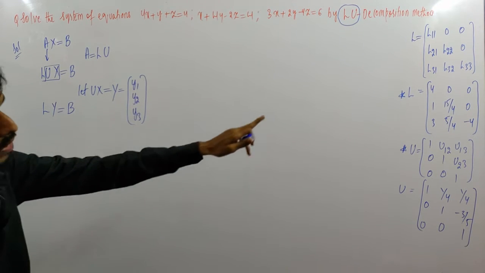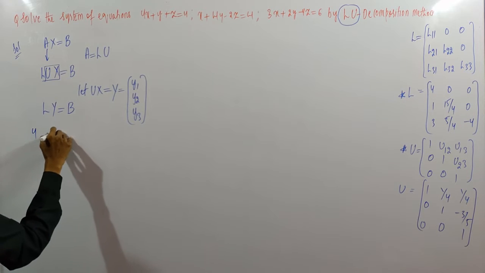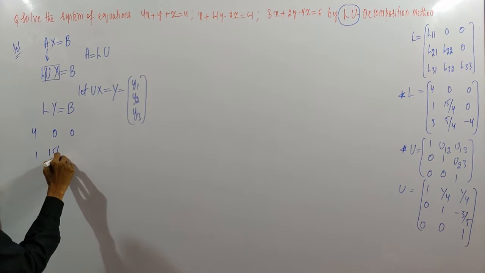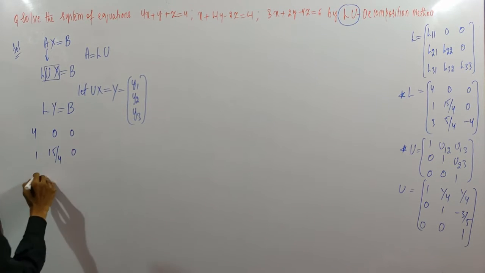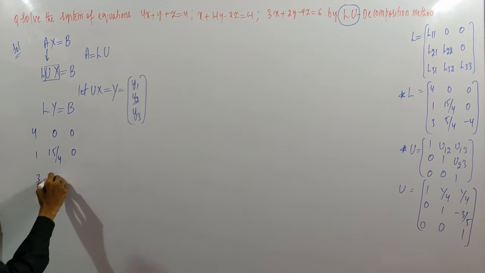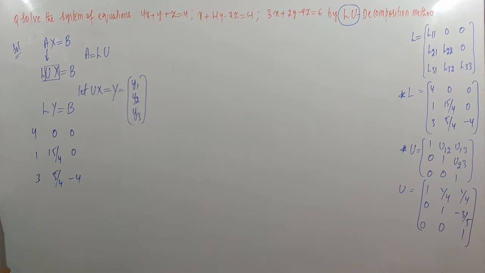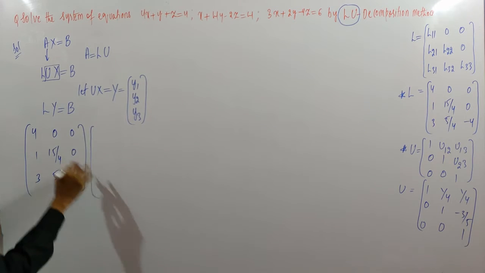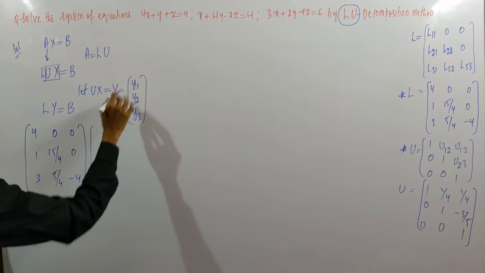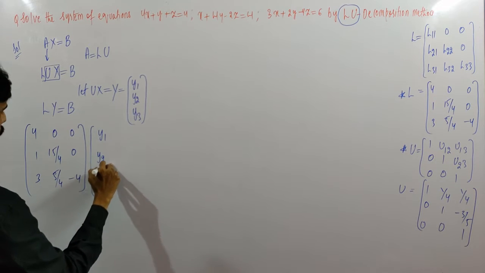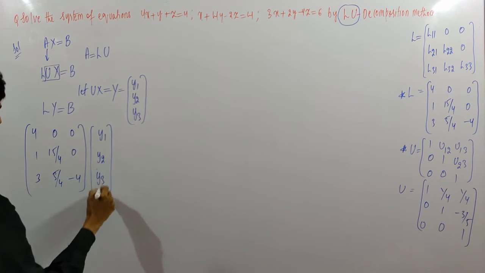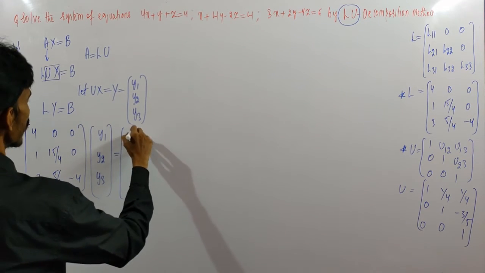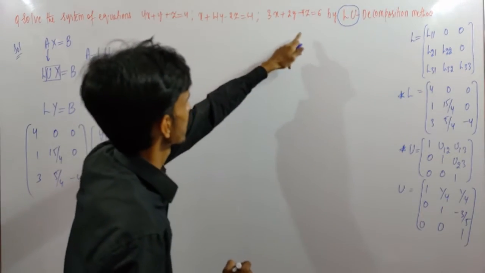L we have 4 0 0, next 1 15 by 4 0, 3 5 by 4 minus 4, into Y. Y is a column matrix having elements y1, y2, y3, equals B. B matrix is 4 4 6.